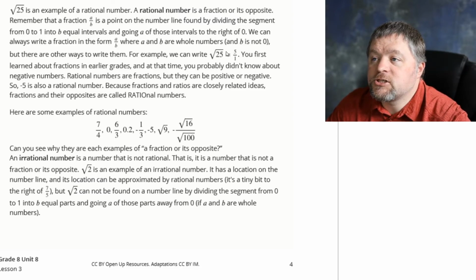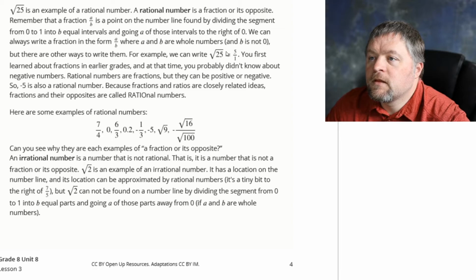Remember that a fraction, a over b, is a point on the number line found by dividing the segment from 0 to 1 into b equal intervals and going a of those intervals to the right of 0.